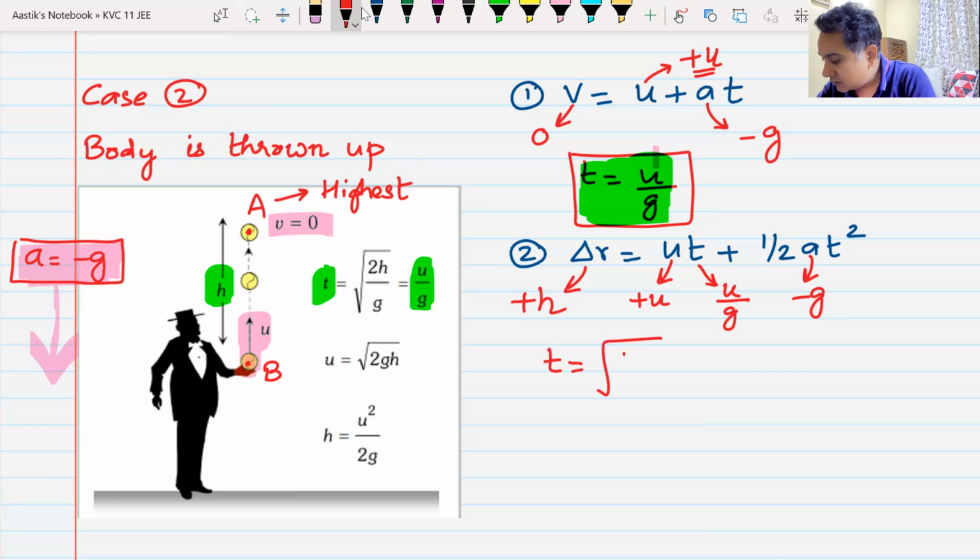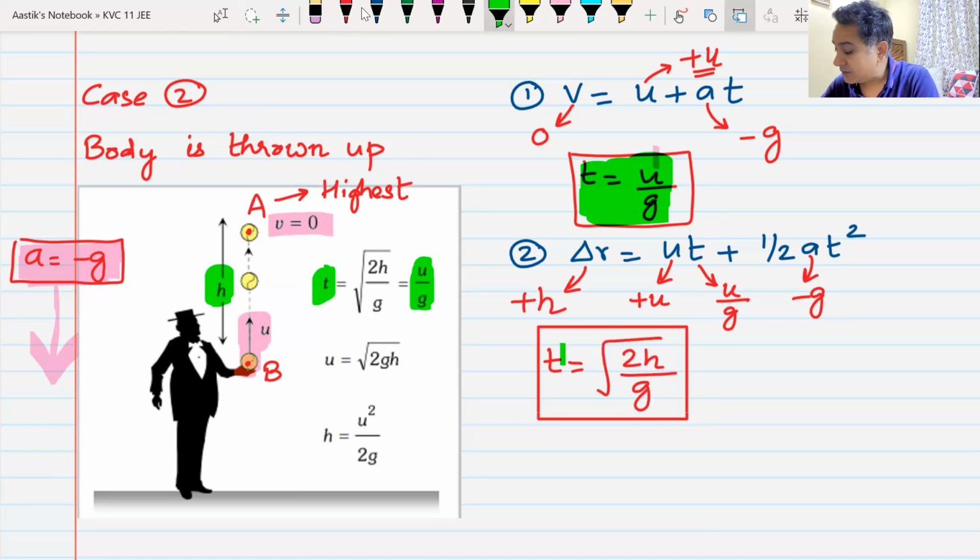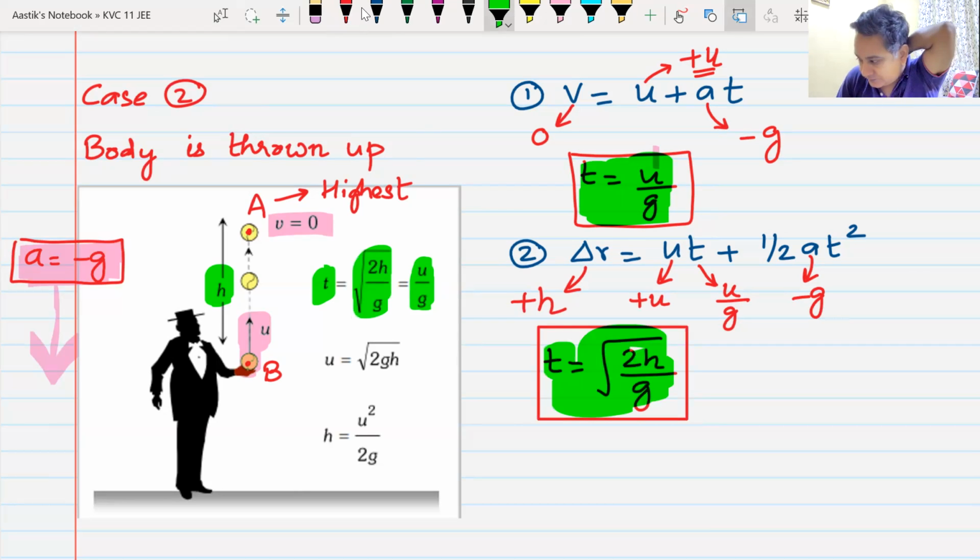And if you can remember all these things, you can do questions very quickly. Time will come like this, root over 2h by g, which is the second formula for time, which is given here. Do we understand this?